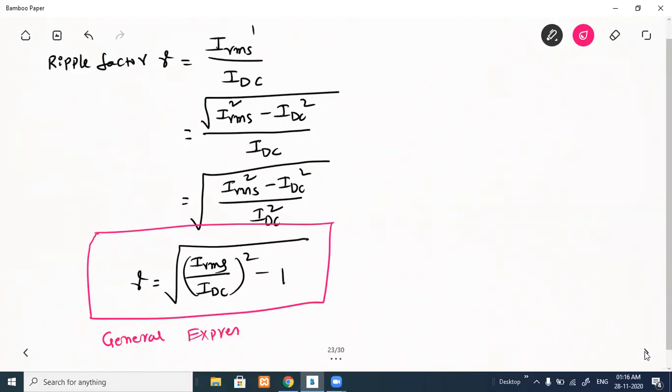From this, we can easily calculate the ripple factor of half-wave rectifier.